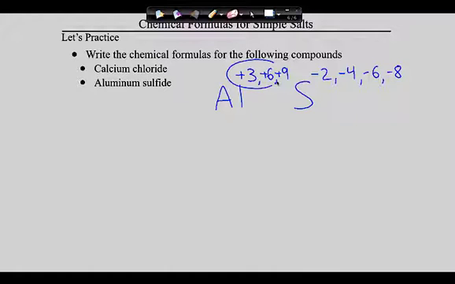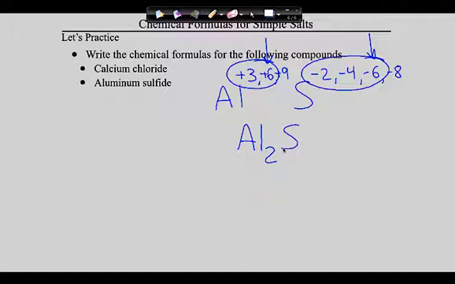So how many 3s make 6? 2. How many 2s make 6? 3. So that means if they meet up at plus 6 and minus 6, we need 2 of the aluminums and we need 3 of the sulfurs. So this would be Al2S3, and that would be the formula for aluminum sulfide.